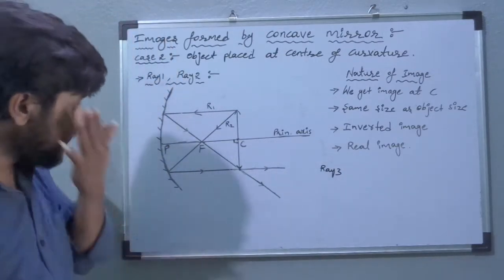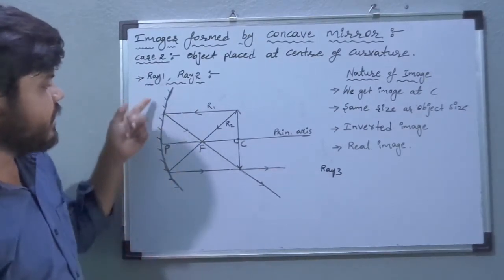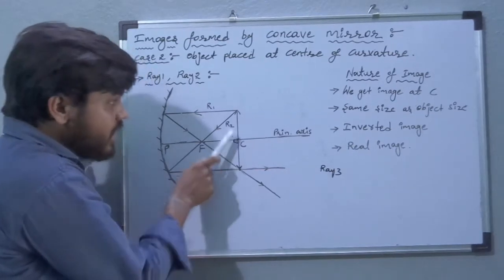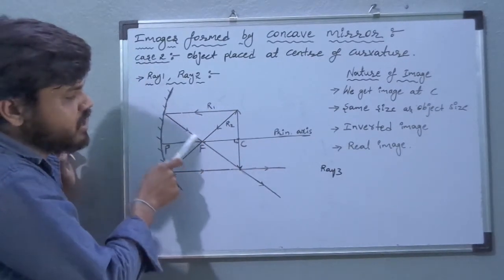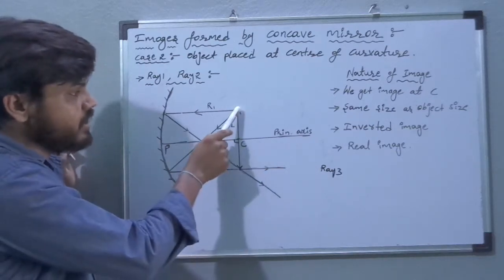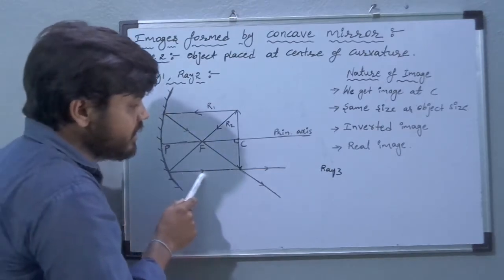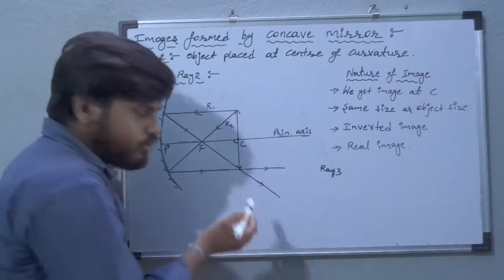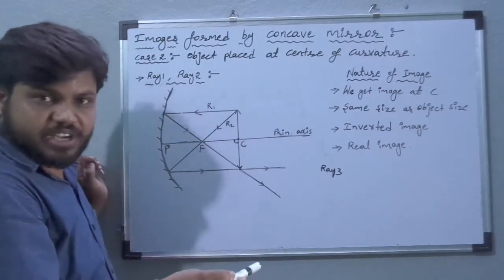Okay, so I am repeating. By using ray 1 and ray 2, I did this diagram. I placed the object at the center of curvature. Ray 1, the incident ray is parallel to the principal axis and passes through the focus, and ray 2, the incident ray is passing through the focus. After reflection, the reflected ray is parallel to the principal axis. We know the intersection point of reflected rays gives the image of the object, right?